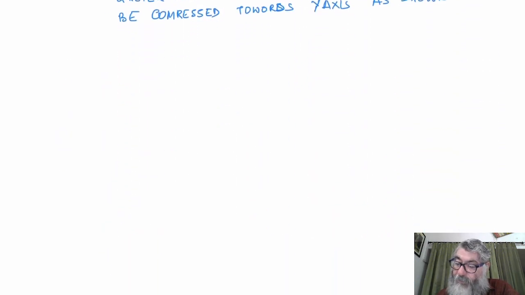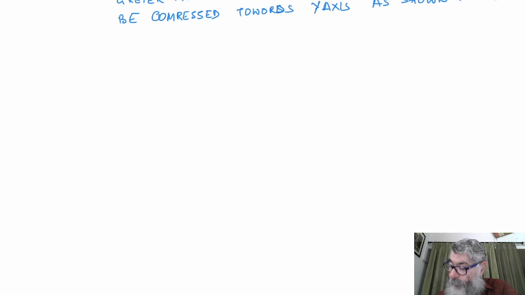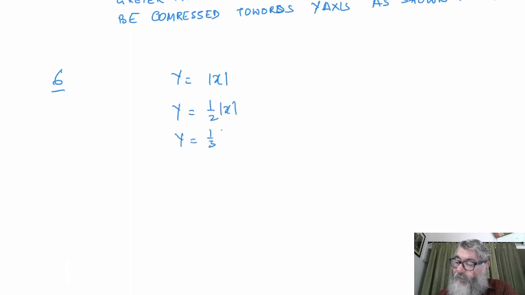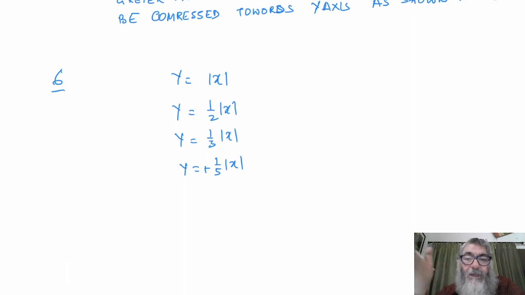Now let us see the next. y is equal to modulus x, and we multiply it as y is equal to 1 upon 2 modulus x, or y is equal to 1 by 3 modulus x, or y is equal to 1 upon 5 modulus x, and so on. Then what will happen is, instead of compression there will be expansion. It will be expanded.